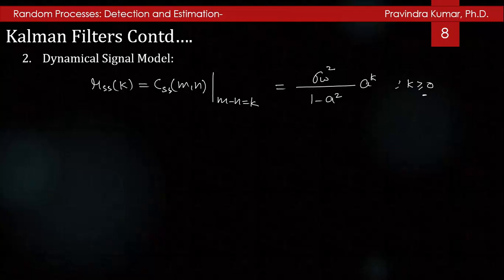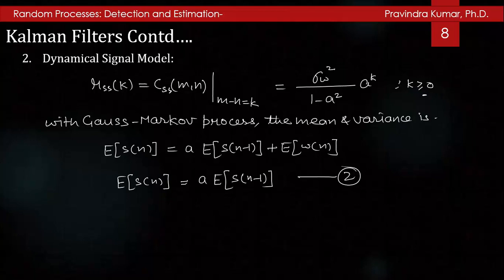And due to the Gauss-Markov process, the mean and variance can be expressed as follows. Expected value of Sn will be a times expected value of Sn minus 1, plus expected value of omega n.